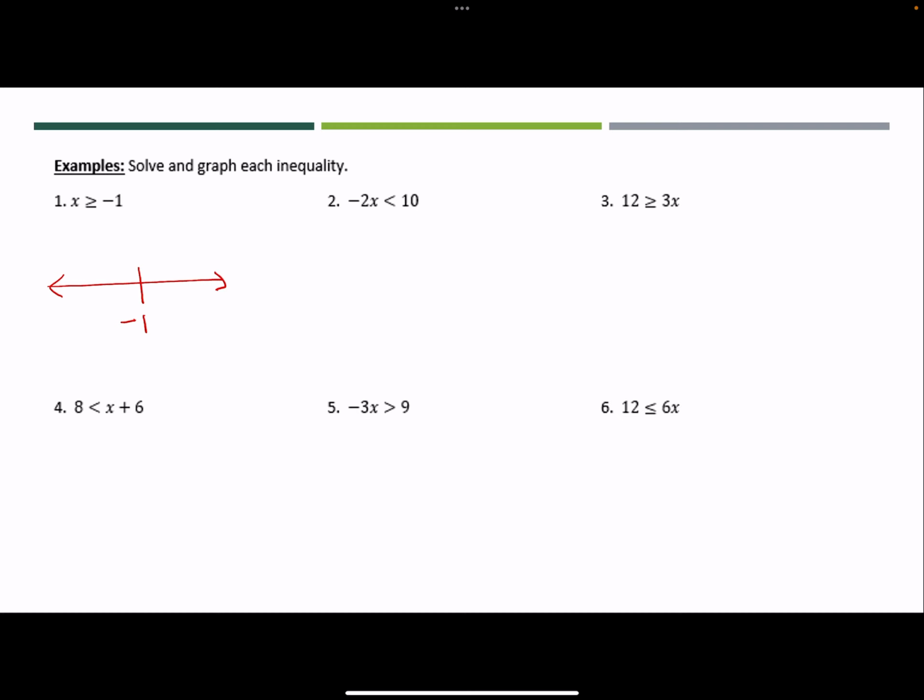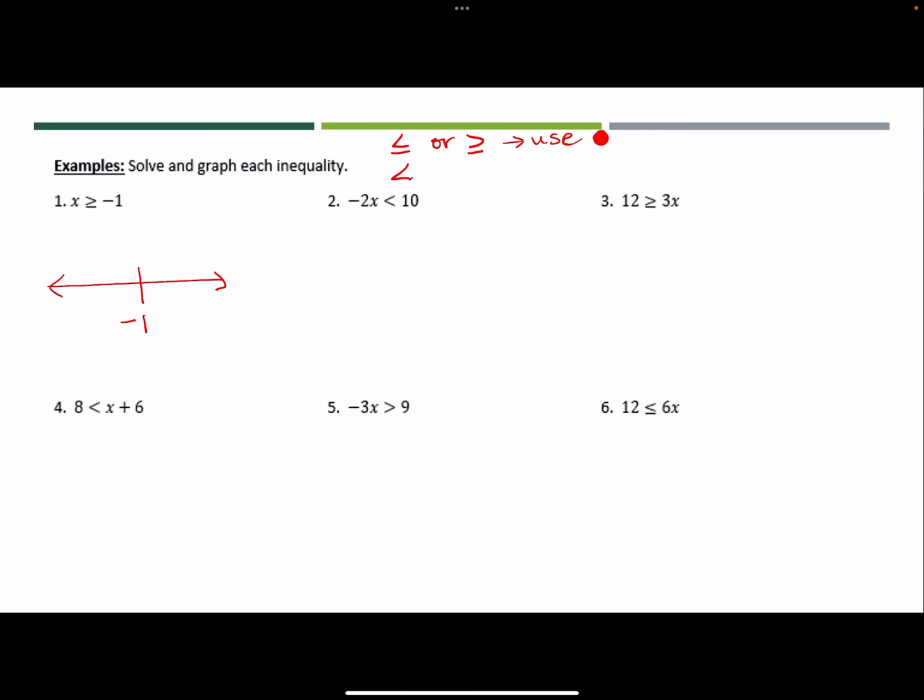Whatever x is equal to or less than, or whatever, you need to put on the number line. And then you need to think about whether we're going to use an open or a closed circle. You might want to jot this down if you didn't earlier. If you have a less than or equal to or a greater than or equal to symbol, you're going to use a closed circle.